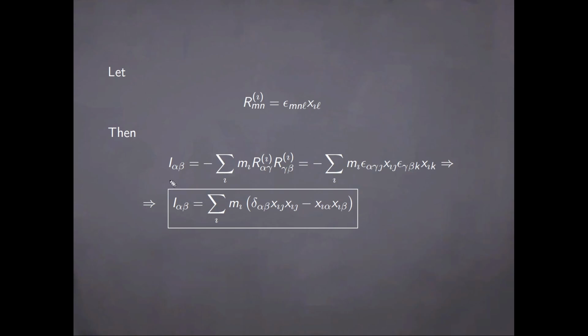And then if we assume that the components of the inertia tensor are given by this expression, if we expand this out immediately and carry out the contractions, we discover that this definition is entirely equivalent to the ones that we have obtained previously.